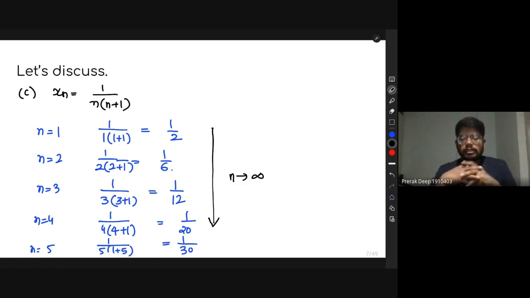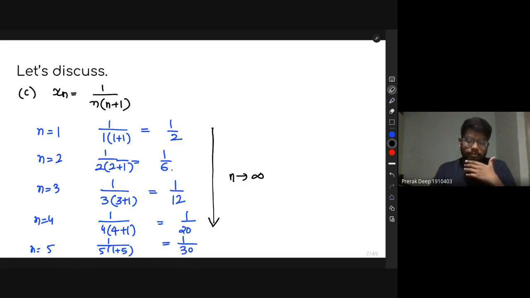Second, you can understand whether the sequence is divergent or convergent. These are a few benefits you can get by just writing down the first few terms.